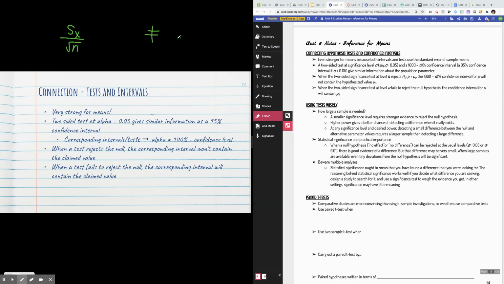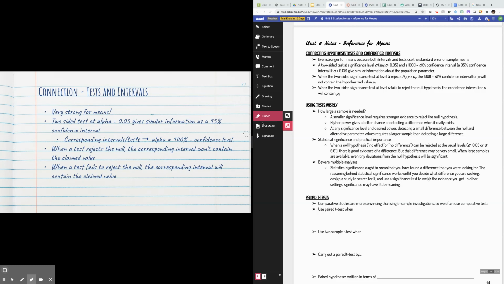And it goes the other way as well. If a test fails to reject the null, then the corresponding interval likely will contain that claimed value, okay?